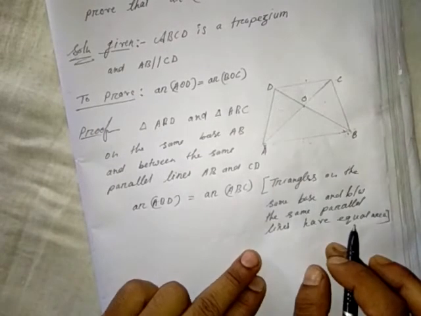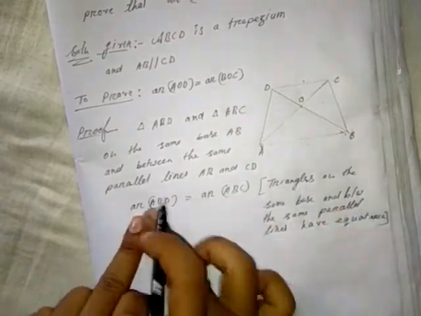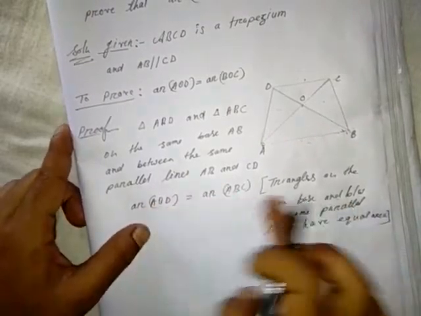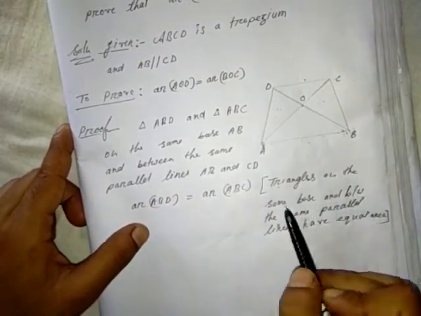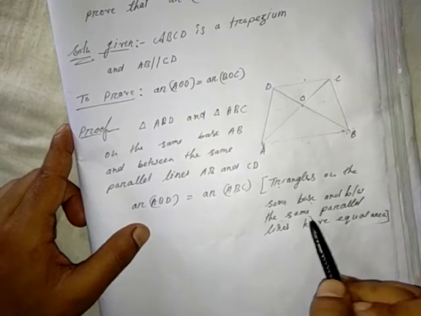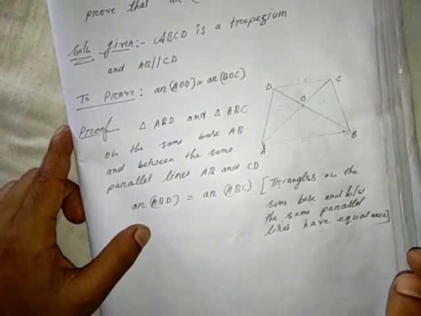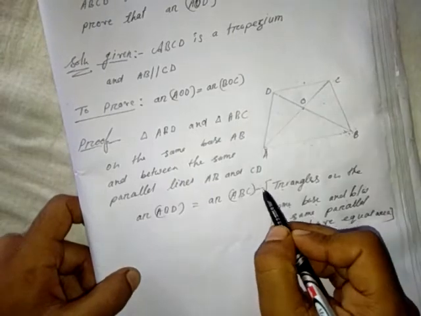This is the reason. Their areas are equal because triangles on the same base and between the same parallel lines have equal area. Suppose I give this equation number 1.